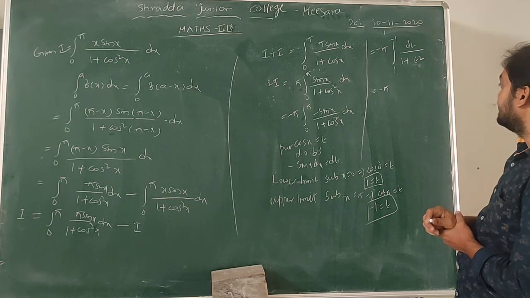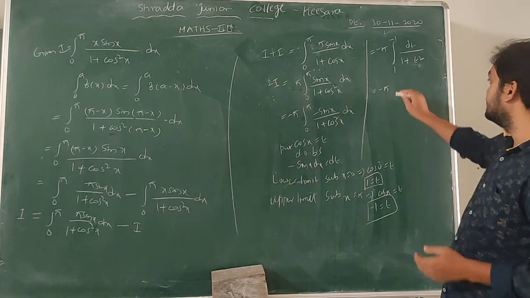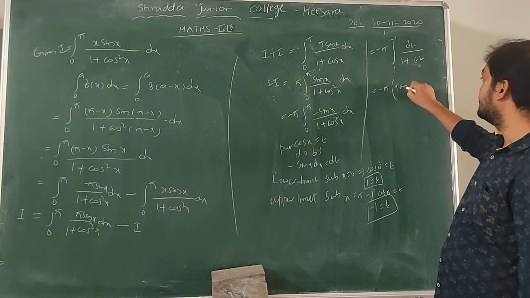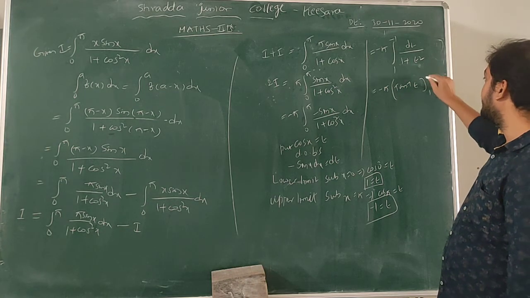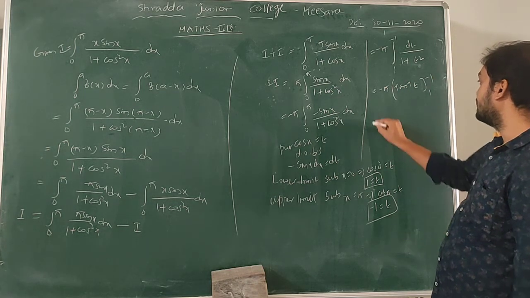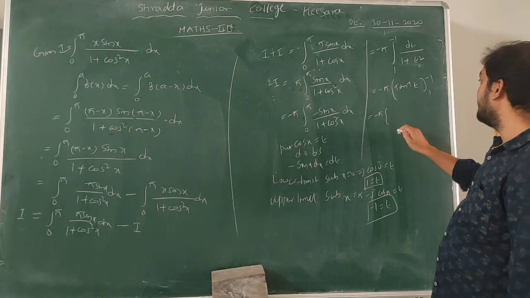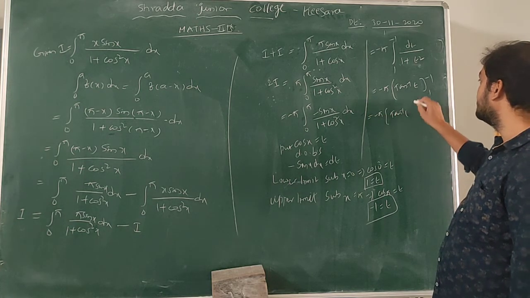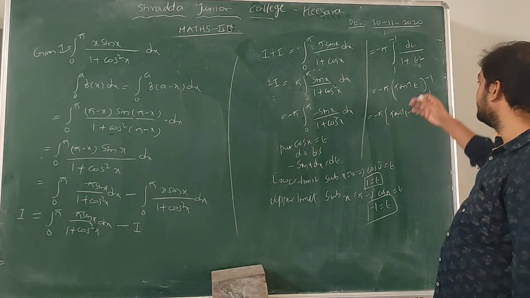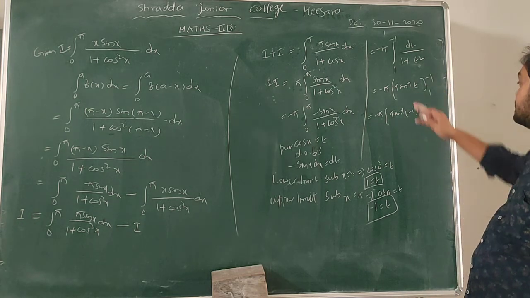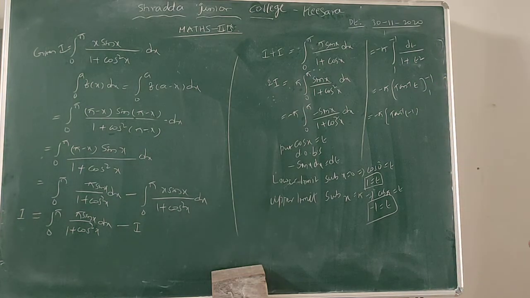That is tan inverse x. Now here, tan inverse t. Apply the limits 1 to minus 1. First we have to substitute the upper limit in place of t.